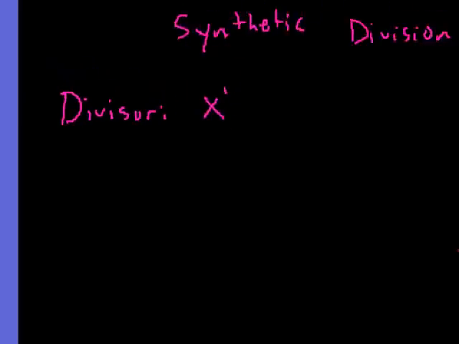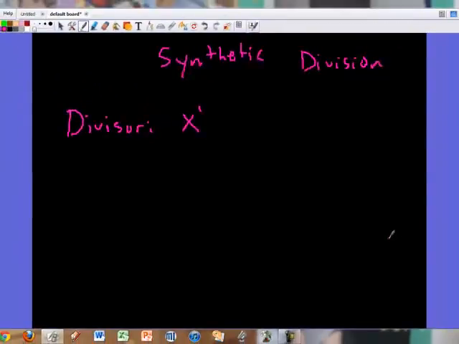So synthetic division. This does have conditions, as I said earlier. Your biggest condition: your divisor, which is the thing you're dividing by, on the outside, not the inside, has to be x to the first power. If you have x squared or higher, you can't use synthetic division.